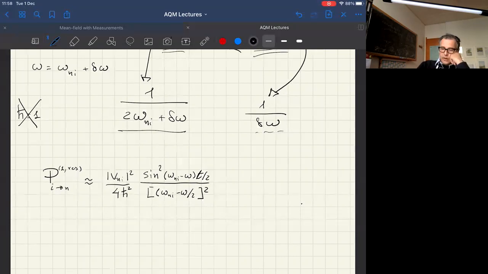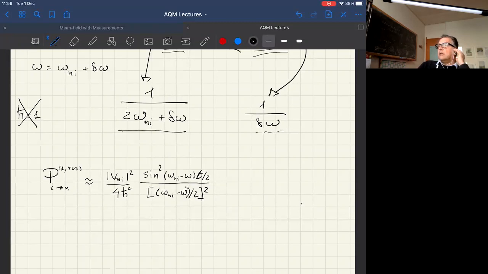Now you see that this expression will diverge. Sorry, there is a factor here, so it's not divided like this, it's like this. Just to make it clear, divided by 2. So when does this expression diverge? It diverges when omega goes to omega_ni, which is something we already saw at the beginning.